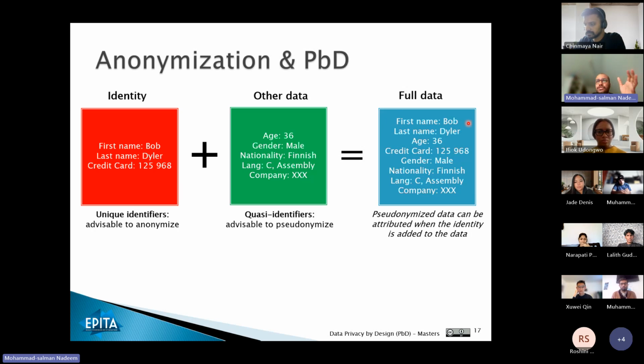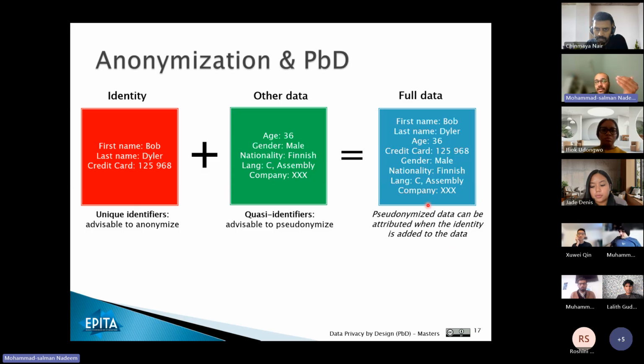You are trying to achieve that in a situation where someone could combine these indirect identifiers with any of the direct identifiers, it would be difficult for that individual to identify the data subject, which means you would try to pseudonymize the data to a level where if that pseudonymized data is combined or attributed with identity data, direct identifiers, it would make it difficult for the recipient to identify the data subject that this data corresponds to.